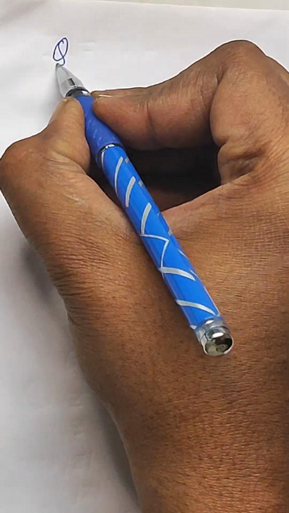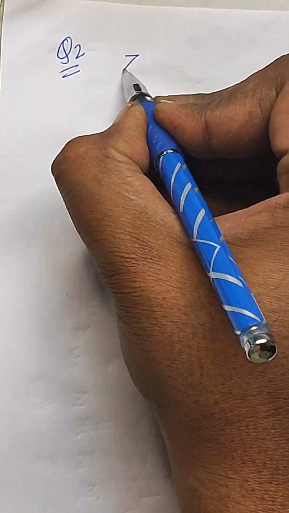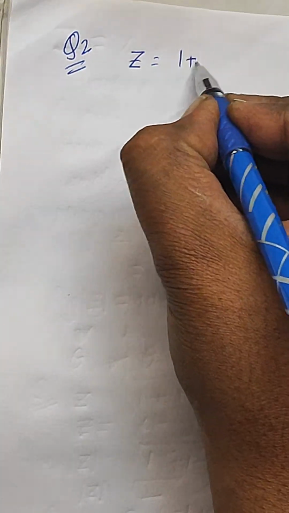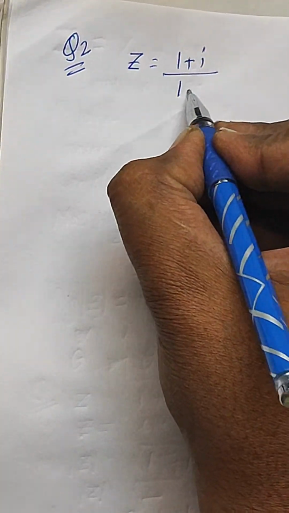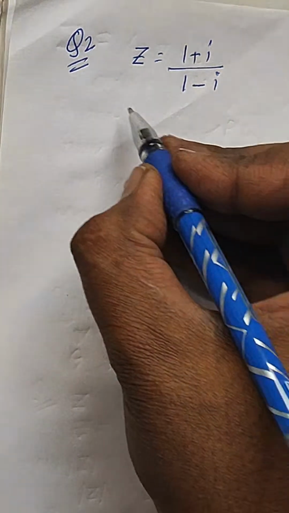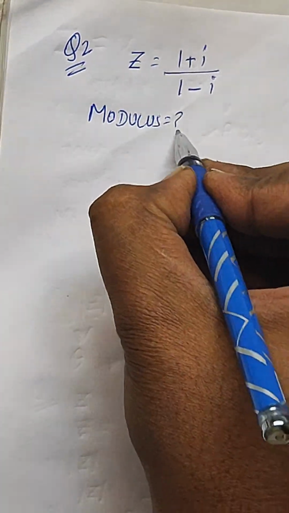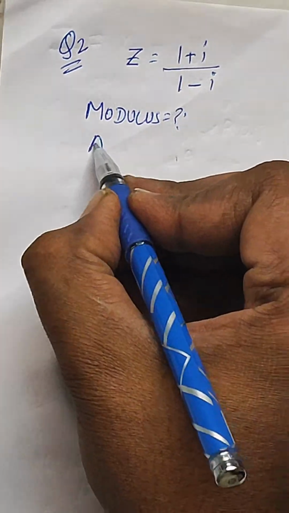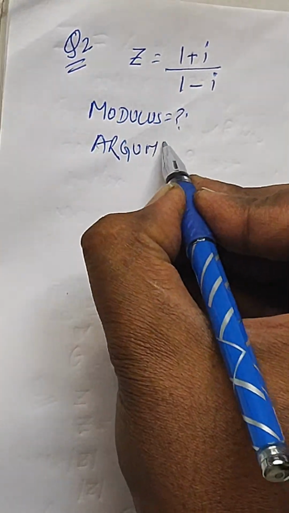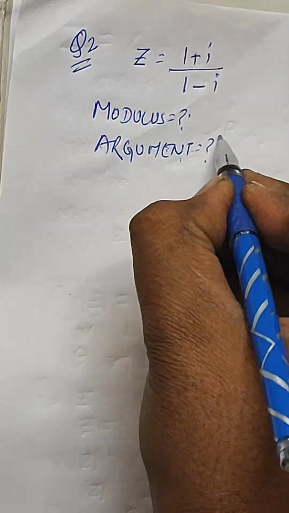Let me take it from the NCERT only. Okay. The complex number given to you is, question number 2, z equals 1 plus i by 1 minus i, right? If this is the complex number given to you, then what is the modulus and what is the argument over here, right?